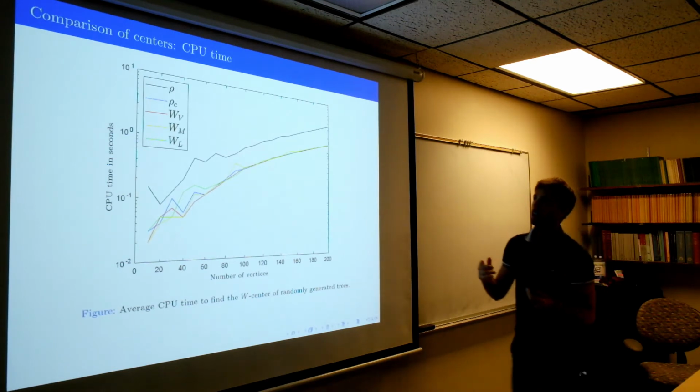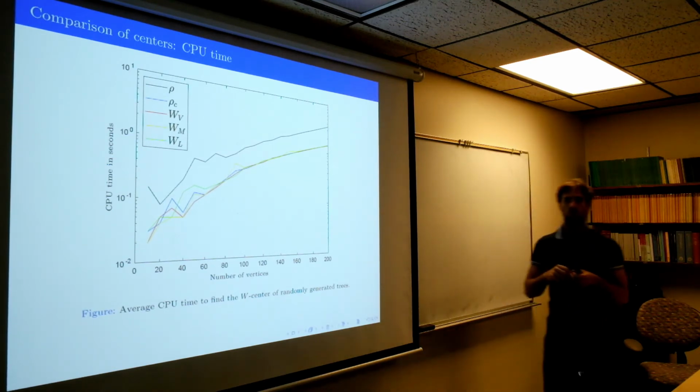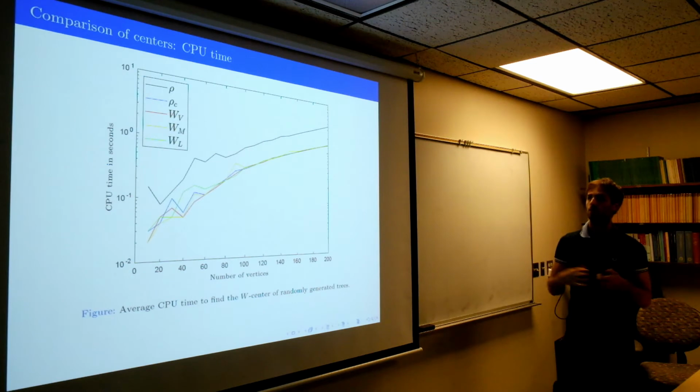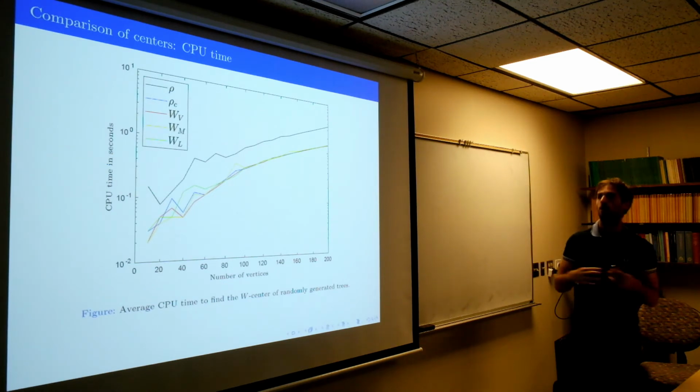And this is because rho makes use of eigenvalues, so to compute them is more computationally expensive than to compute all the other functions which are combinatorial. This scale is logarithmic, by the way.